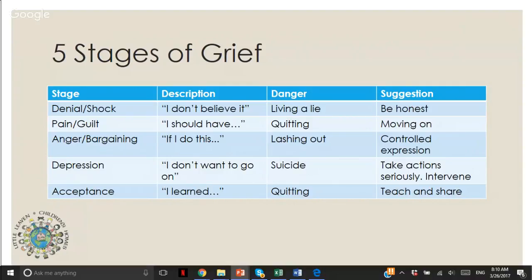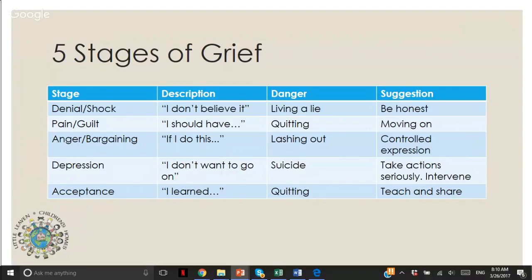They get stuck in depression and they kill themselves, and that's the worst thing that can happen. So if they say they want to hurt themselves, if they say that they want to run away, if they say they want to quit, those types of things, you need to take them seriously and say, look, don't do that. You need to talk to someone.